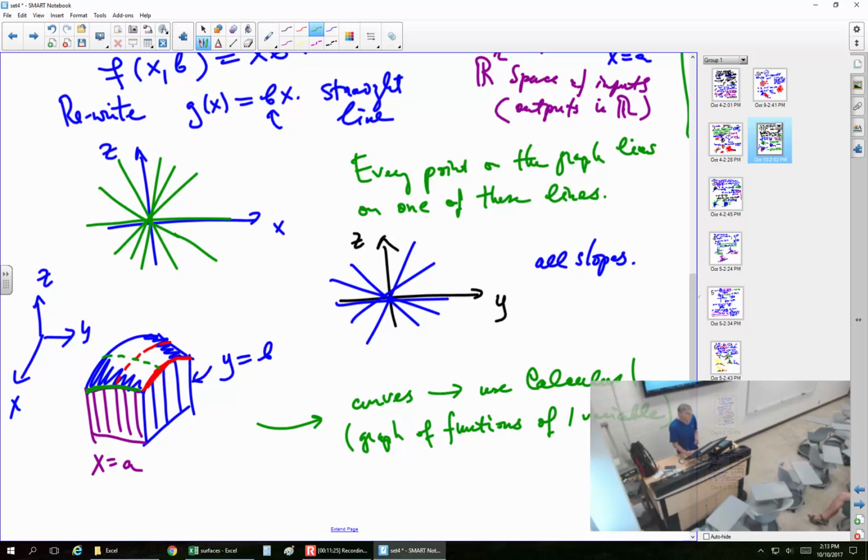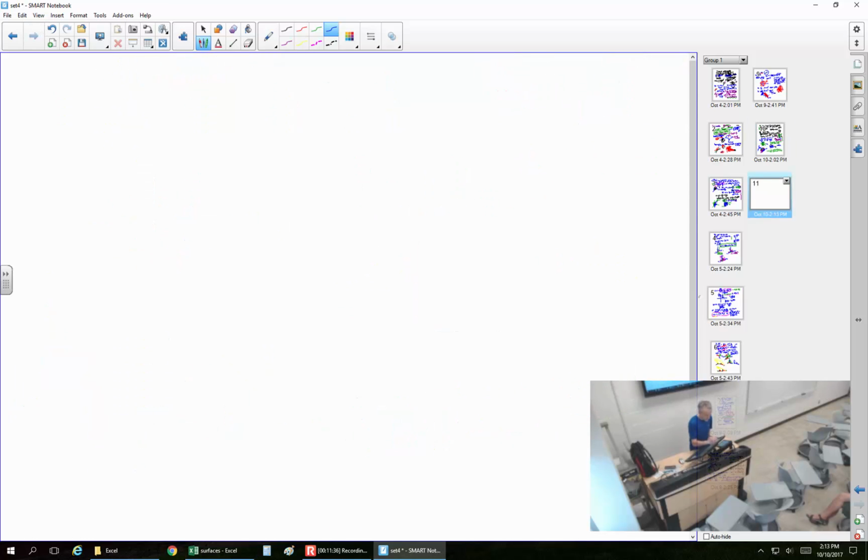Okay, before we get to calculus 1, there is another way to study graphs of functions of two variables by looking at curves. There are other ways to produce curves other than restricting the domain.